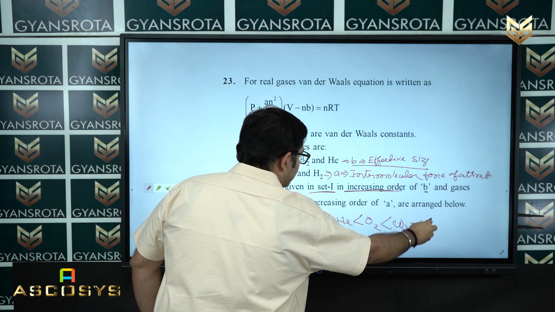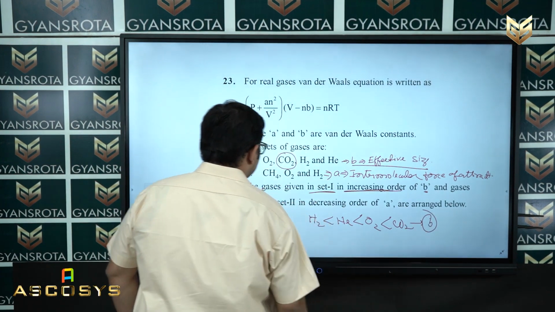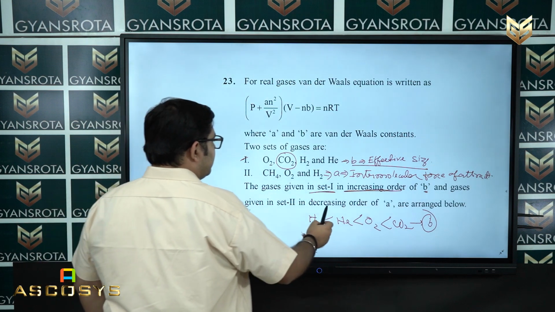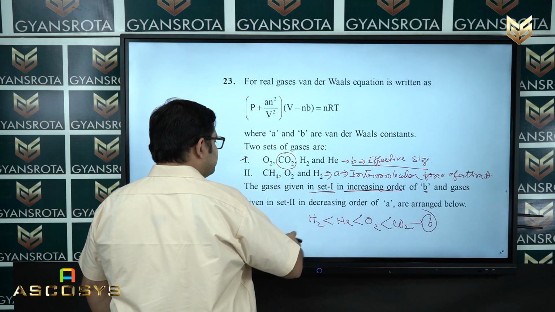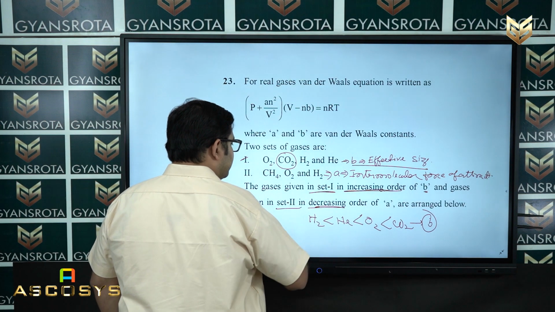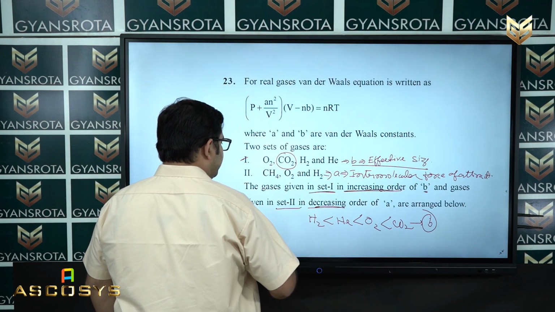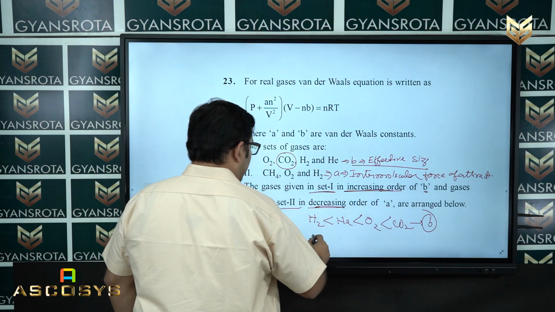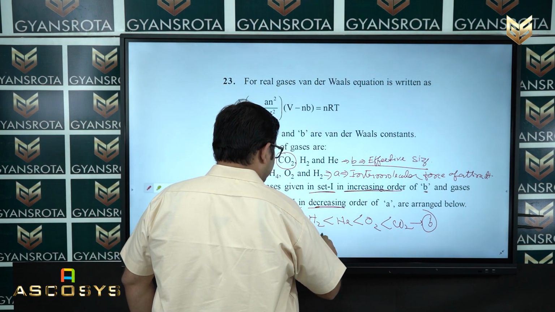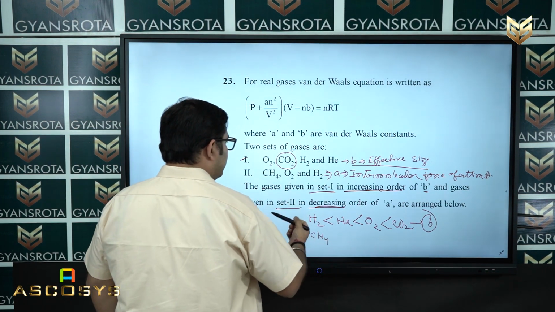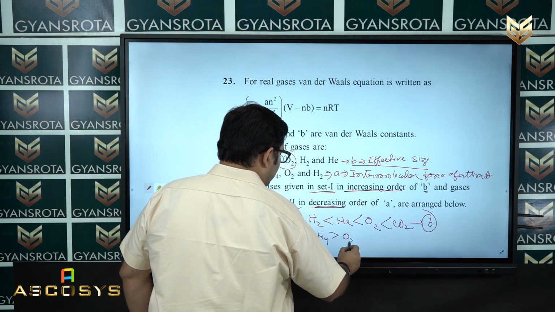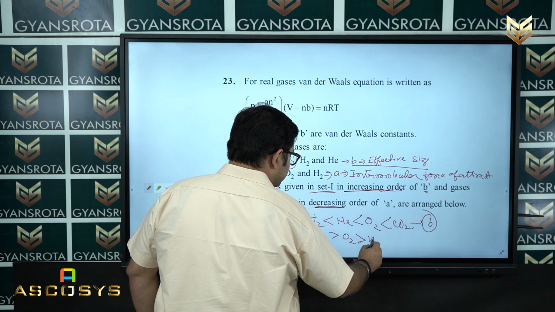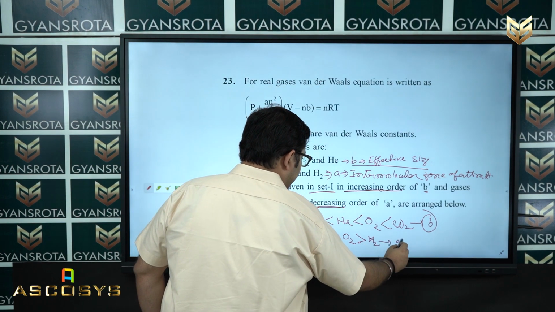This is for B. Now, for A, they are giving the intermolecular force of attraction, and A should be in decreasing order. If it is decreasing order, the highest one is your CH4, because in CH4 the intermolecular force of attraction will be more, then it will go to O2, then H2. So, this is for A.